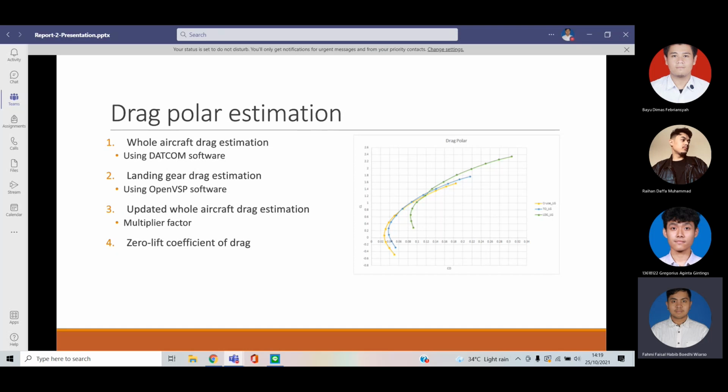Based on the graph, we can obtain the zero lift drag coefficient. As we can see here, in the cruise configuration the drag polar is on the leftmost side with the least drag, and as the takeoff and landing flaps are deployed, the drag increases as well.